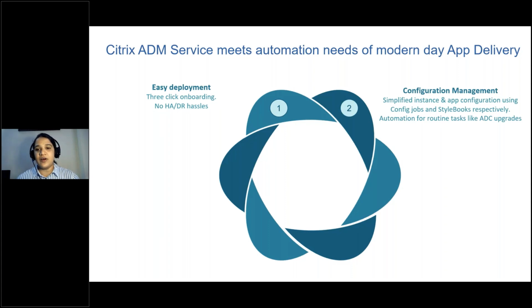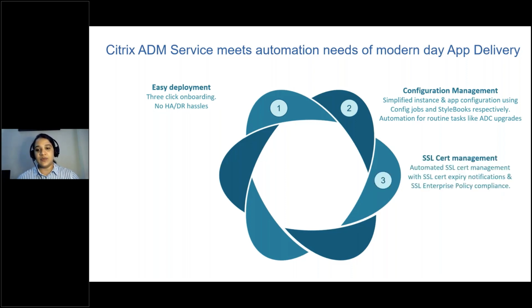In terms of automation of configuration, there's a very simplified way you can automate and deploy your instance and app configurations using our config jobs and StyleBooks respectively. We'll talk about it a lot more in the rest of the session, but these are two key features which many of our customers use today. And you can also use these to automate routine tasks like ADC upgrades.